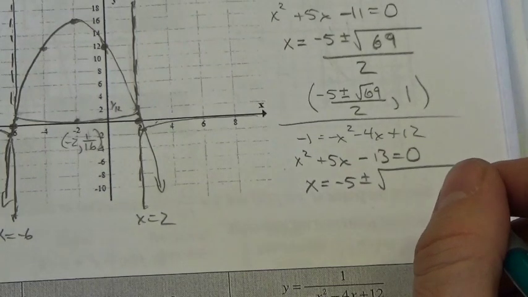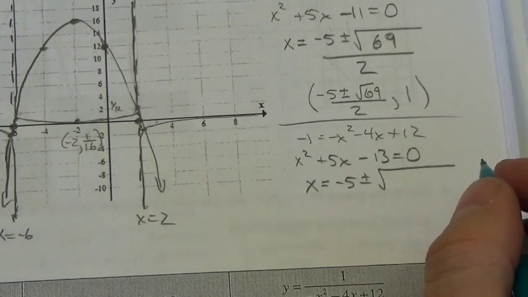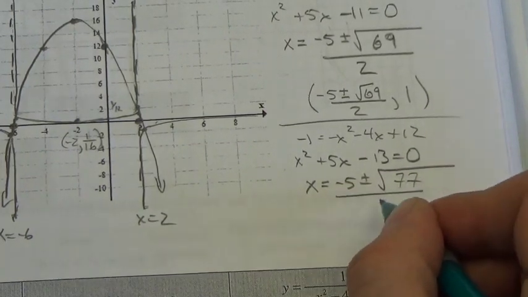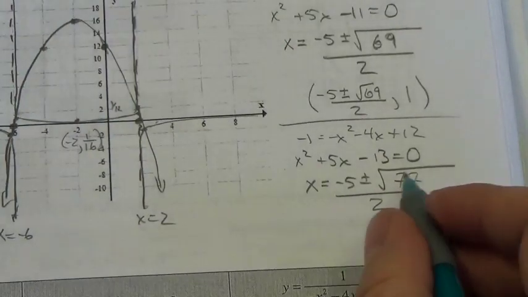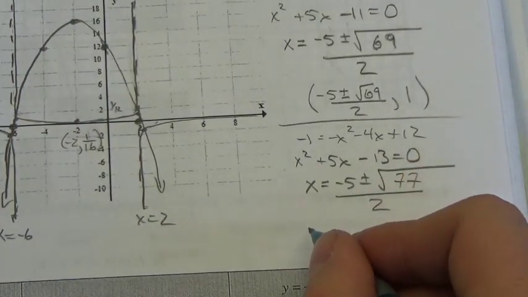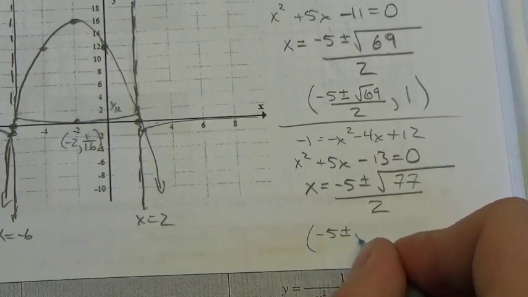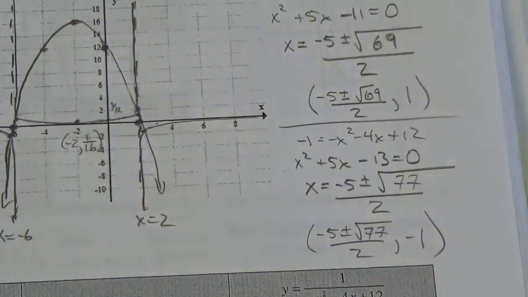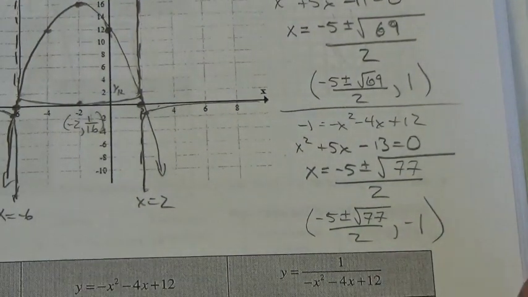So it'll be 25 plus 52. You got to love that. 25 plus 52, that's just going to be 77, all over 2. And again, I can't simplify that. So the points that I'm going to get here will be negative 5 plus or minus the square root of 77 over 2, comma, negative 1. Okay, and so those are our invariant points.